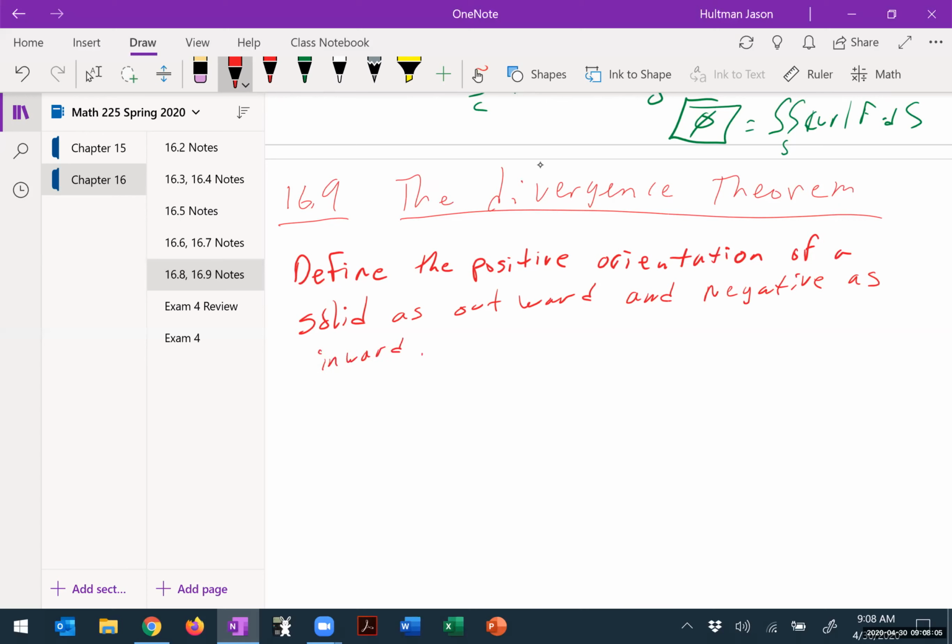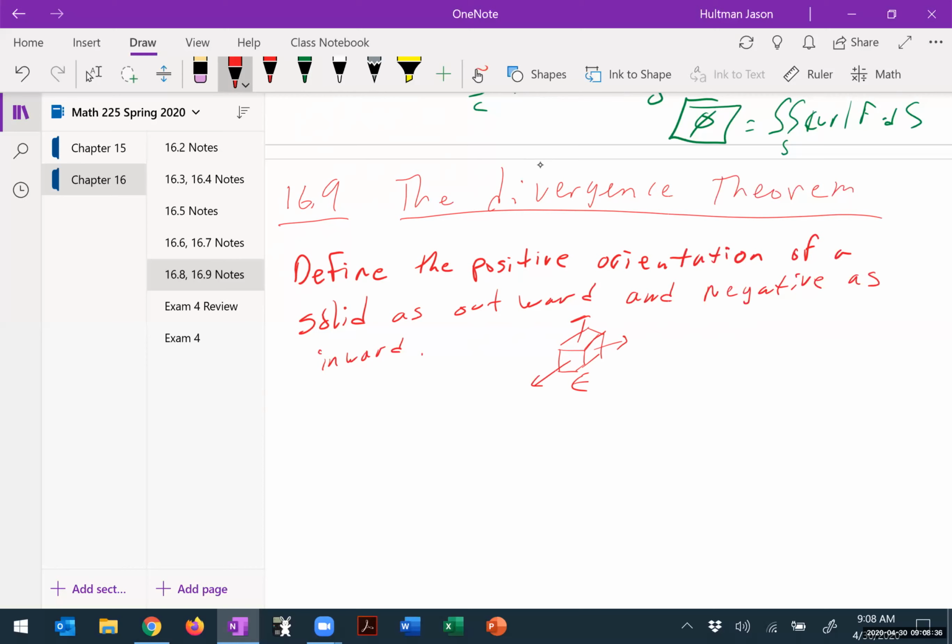So what does this mean? Say that we have a solid. I'm just going to draw a box. We're going to call this solid E. If the forces are going outward on E, then that's positive orientation.